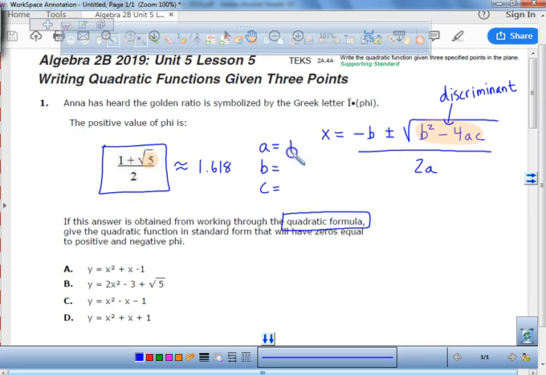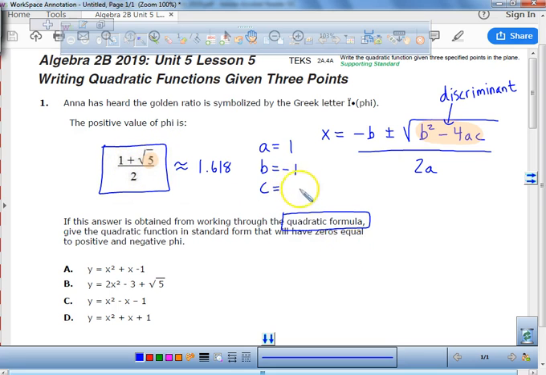So I'm going to say my a value is 1. My b value is going to be a little bit harder. Wait a second. It says negative b, and that's a 1. What does b have to be? Negative 1, because if you plug in a negative 1, it becomes a positive 1.